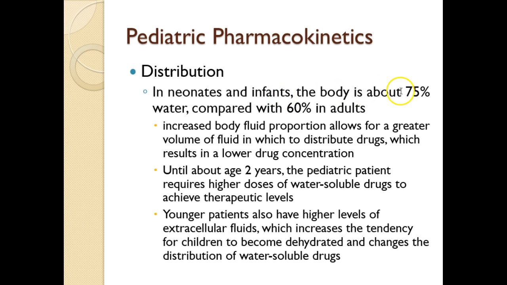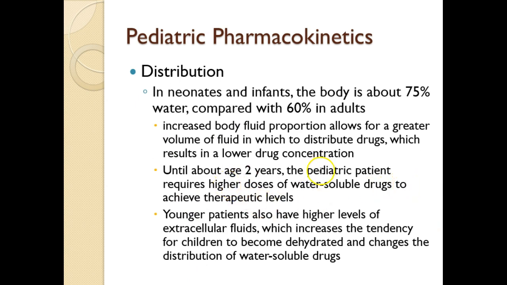The body is made up of 75% water compared to only 60% in adults. So increased body fluid proportion actually results in greater fluid volume distribution, and this will actually lower drug concentration because there's more area for the drug to be distributed in the bloodstream.